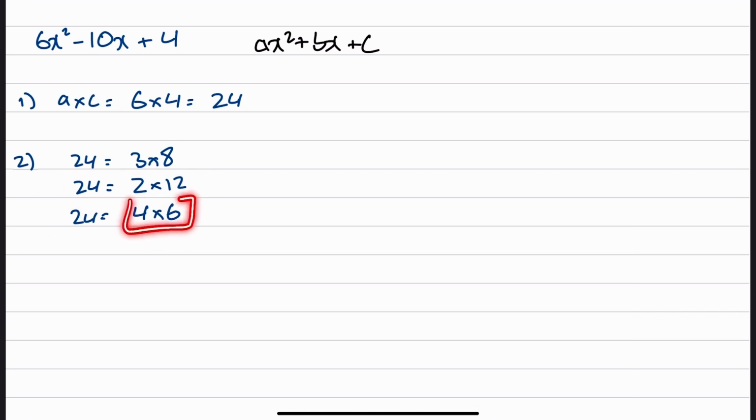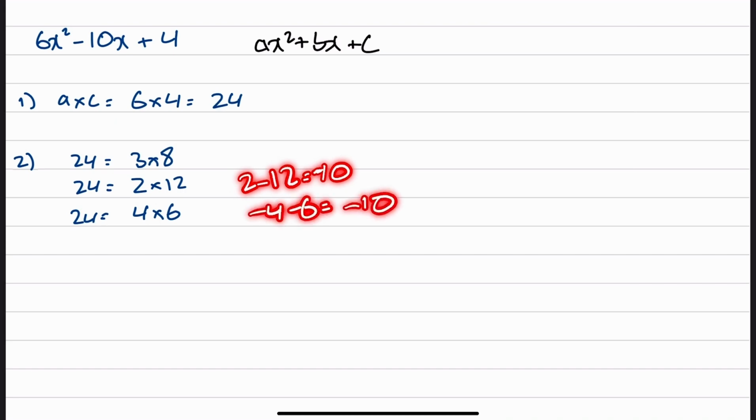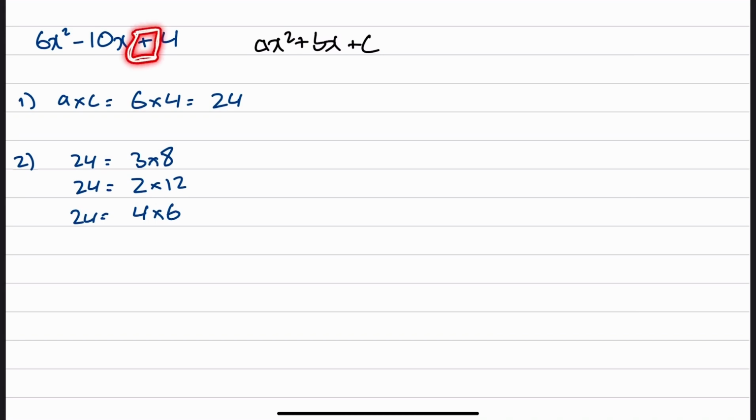It can be either 4 and 6, because minus 4 minus 6 equals minus 10, or 2 and 12, because 2 minus 12 equals minus 10. So in this case, which one do we choose? We choose the one that also satisfies our needs for the sign.